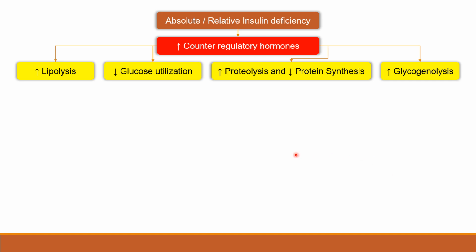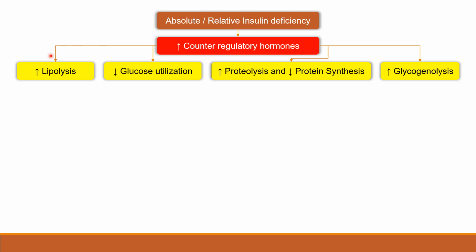What are the four complications? First is increase in lipolysis, second is decreased glucose utilization, third is increased proteolysis and decreased protein synthesis, fourth is increased glycogenolysis. Now we will discuss how these four pathophysiologic events lead to the development of diabetic ketoacidosis.